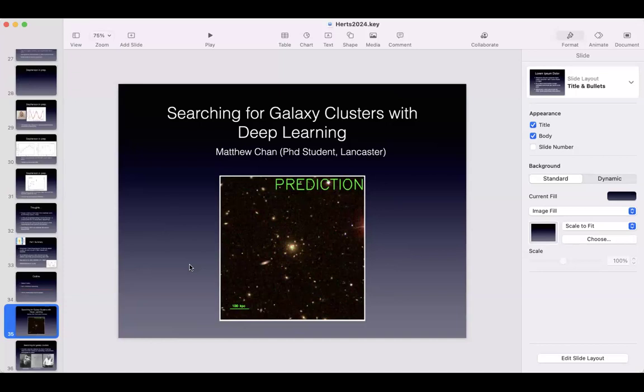Then we tested it on a region that Wen didn't use, from data it hadn't seen, but that instead was on redMaPPer, which maps the red sequence. So Wen is nearest neighbors, redMaPPer is just red sequence. You could argue these are similar, particularly for low redshift clusters.